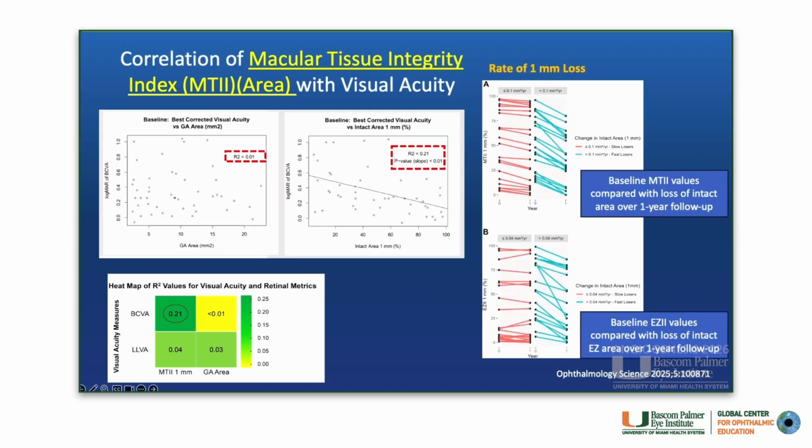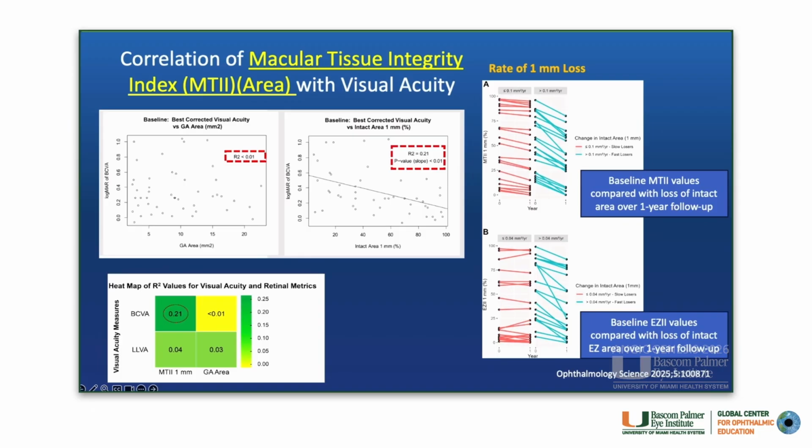But what's most intriguing when you look over a 12-month period at this rate of loss in the center 1 millimeter, those rates are highly disparate. We have patients who lose lots of tissue very quickly and other patients that don't, and that's independent from their baseline degree of loss.